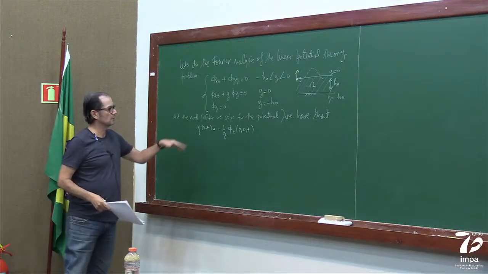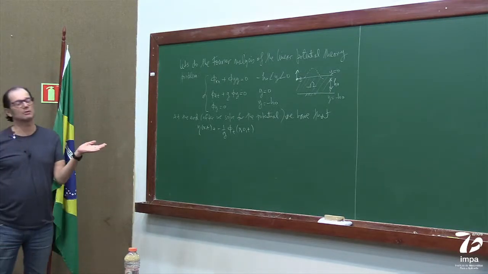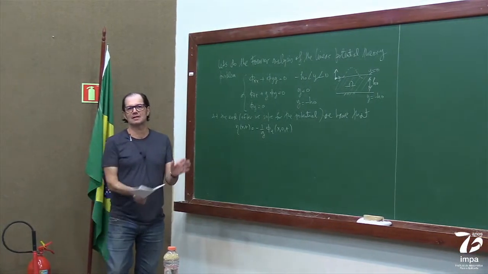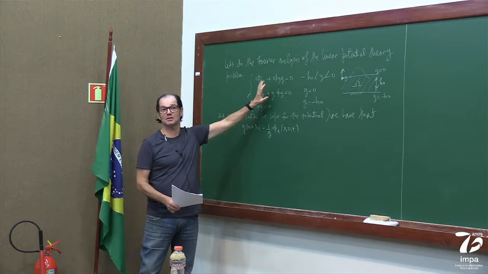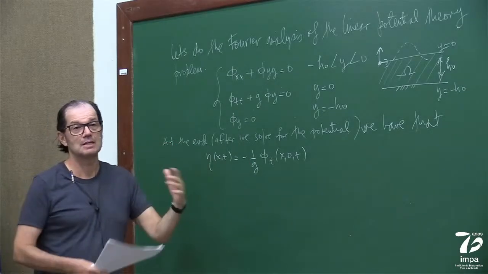So now at eta, the wave elevation becomes what I can call a passive variable. Passive in the sense that it sits on the chair and it waits for you to solve for the potential. After you're done, you just do this, right?